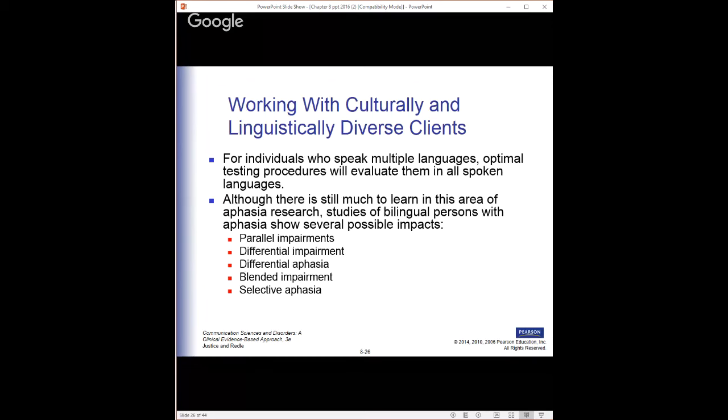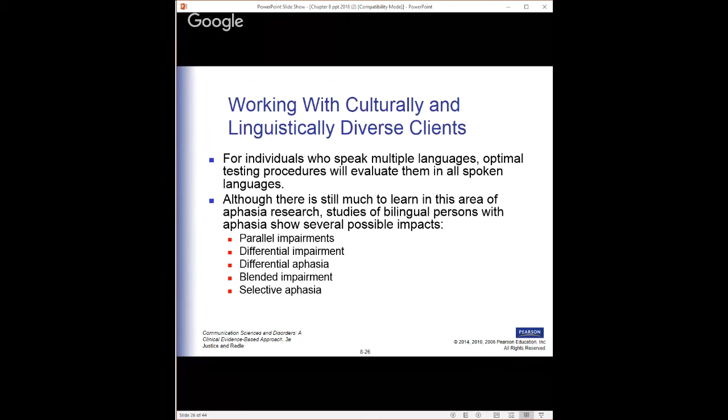Although there is still much to learn in this area of aphasia research, studies of bilingual persons with aphasia show several possible impacts. And some of those include parallel impairments, where both languages are demonstrating similar strengths and weaknesses, differential impairment, with one language showing greater impairment than another, differential aphasia, with the aphasia symptoms or profiles varying between the languages, which, as you can imagine, is pretty difficult to treat and to deal with when they're switching back and forth.